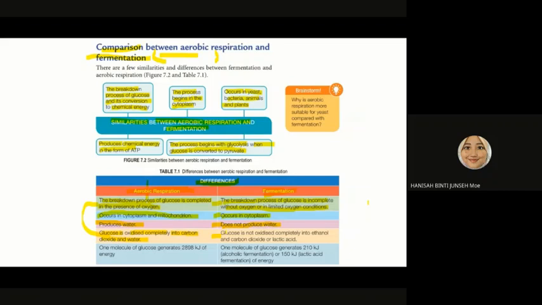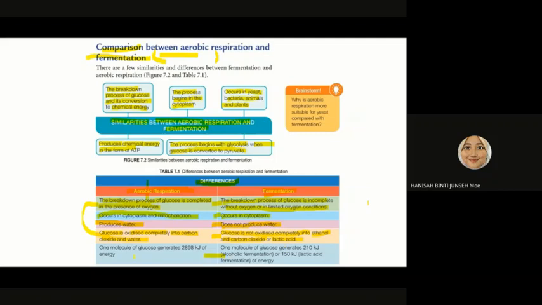While for fermentation, since glucose is not oxidized completely, it will oxidize into ethanol and carbon dioxide. Okay, ethanol and carbon dioxide. This is for alcohol fermentation, or this glucose will become lactic acid in lactic acid fermentation.